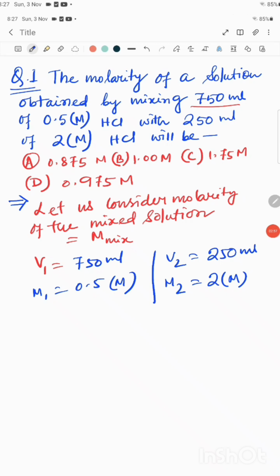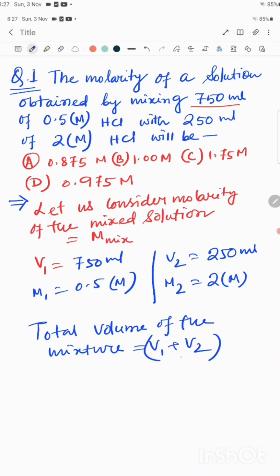Now what is the total volume of the mixture? Total volume of the mixture equals V1 plus V2. So for the mixture, we have considered molarity is M mix and total volume is V1 plus V2. These data are already given. Now we have to see the formula.